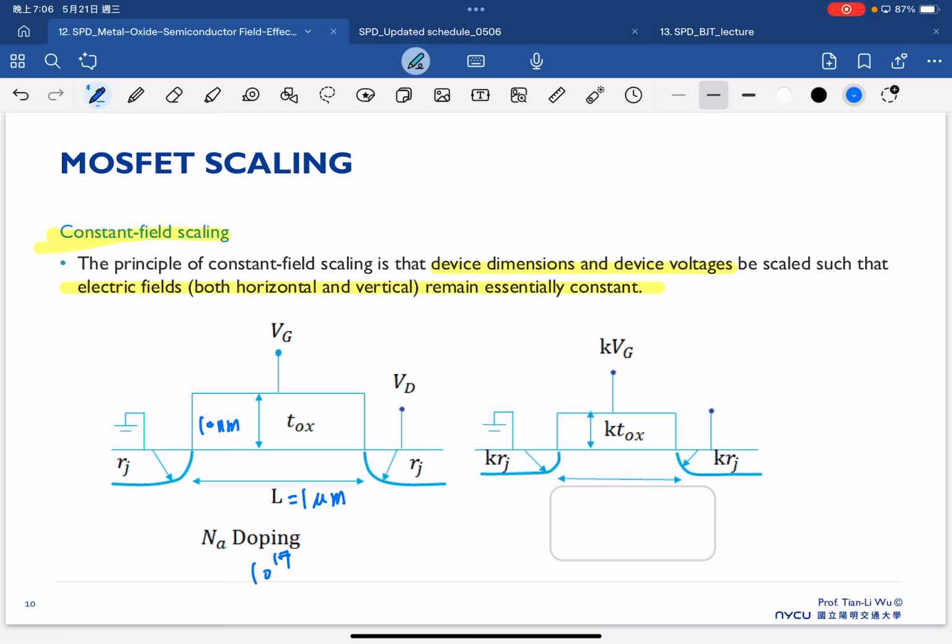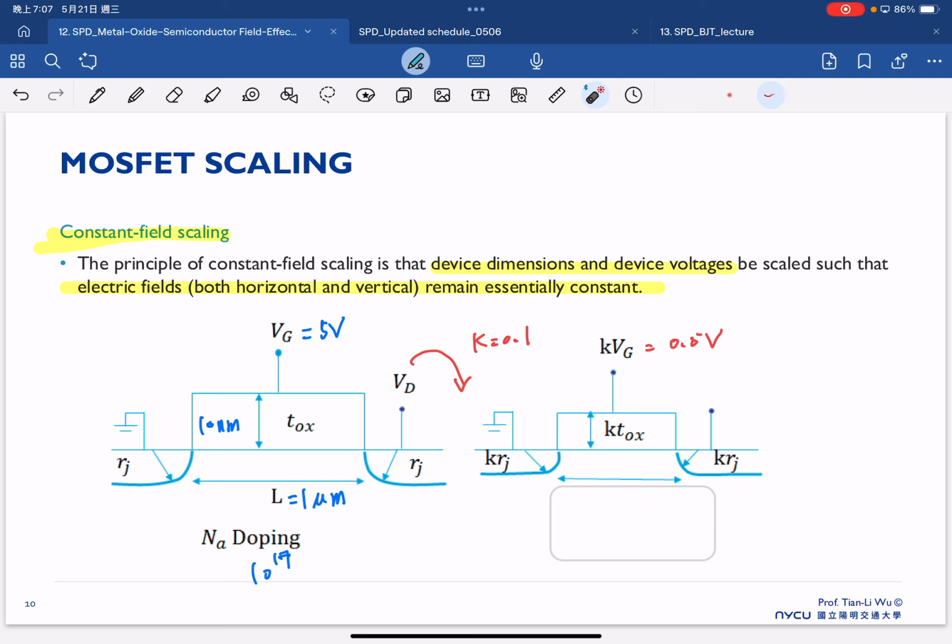And because we want to do constant field scaling, the original bias in our transistor is 5 volts. Now we consider a scaling factor of 0.1, so the maximum voltage in our transistor would be 0.5 volt.